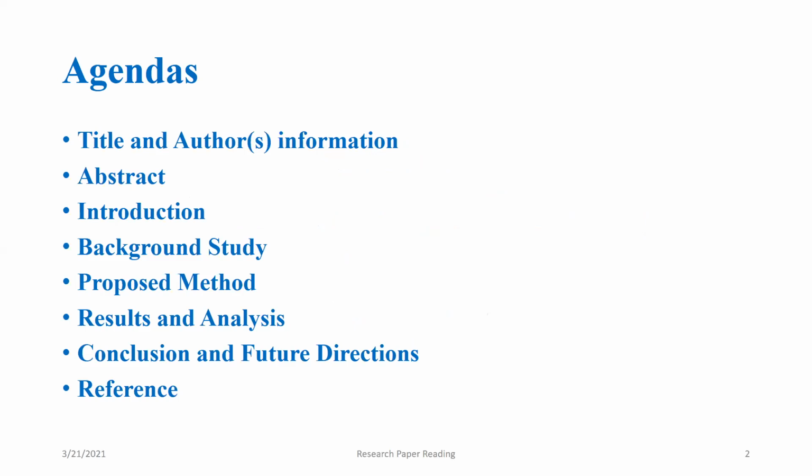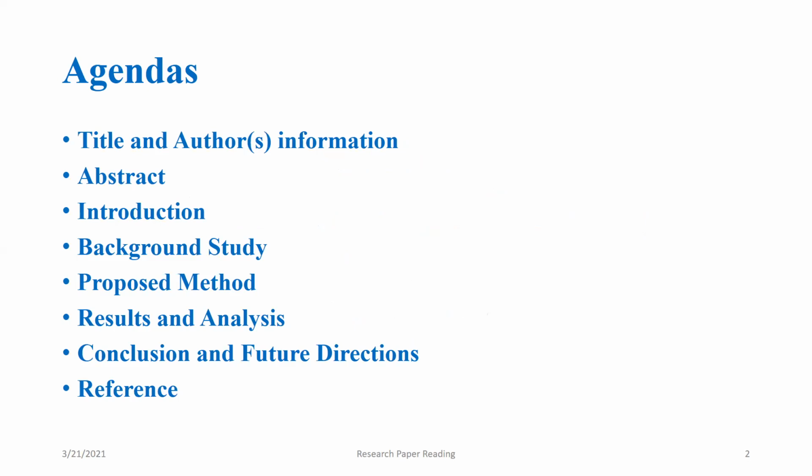So here's the agenda. There are the title and author's information of a research paper, abstract, introduction, background study, proposed method, results and analysis, conclusion and future directions, and references. So these are all the parts. This list contains the whole parts of a basic or simple research paper.